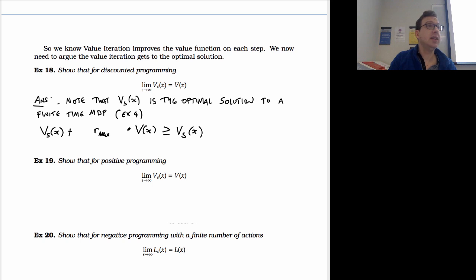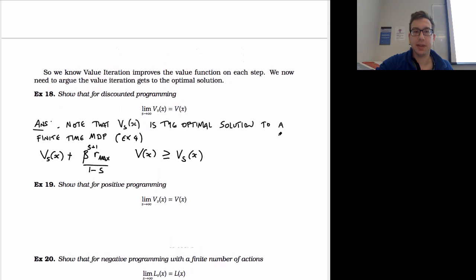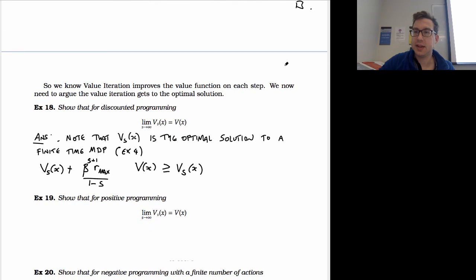That would be a geometric series with discount factor beta on it. So it'd end up with beta to the s plus 1 divided by 1 minus beta. Let me expand that out a little bit. So that means do optimal for the first s steps.